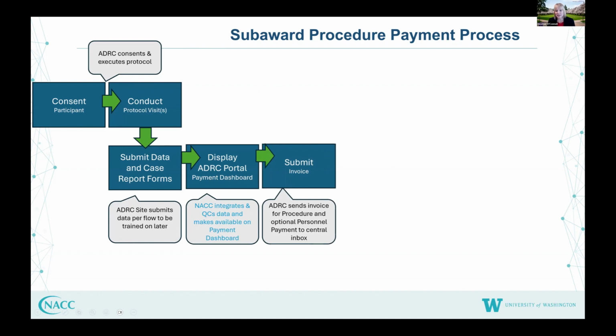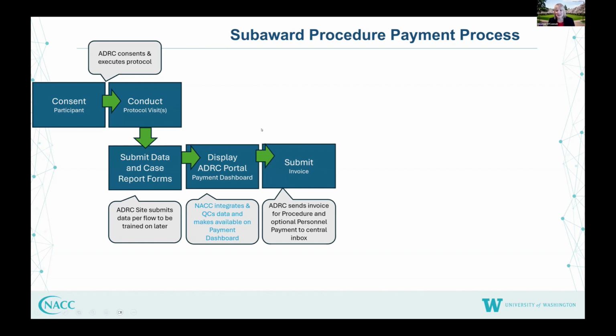So the ADRC sites will generate your invoice for submitted data using that information from the dashboard, and you can also include the personnel costs in those quarterly invoices. So the invoice will be submitted through the normal channels, and that will be outlined in your Subaward agreement. So that's sending via email to uwashington@GHX Invoicing.